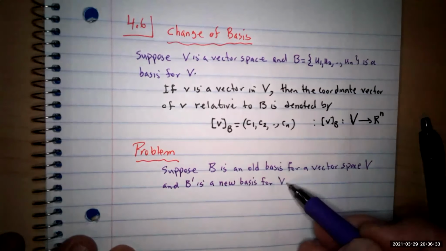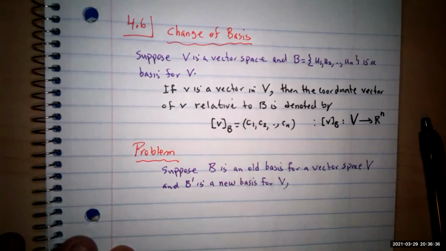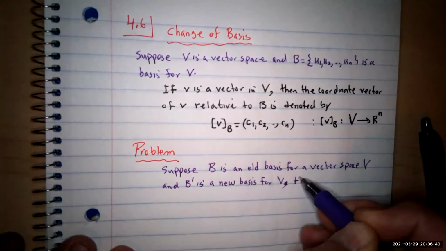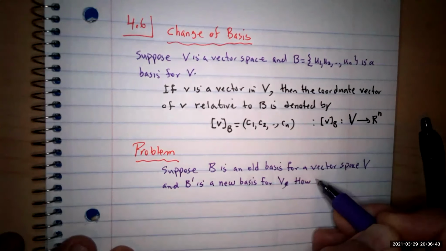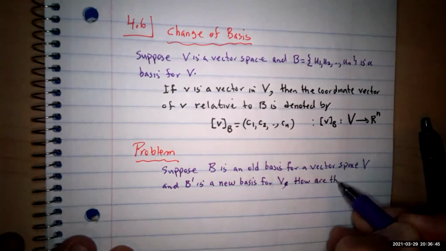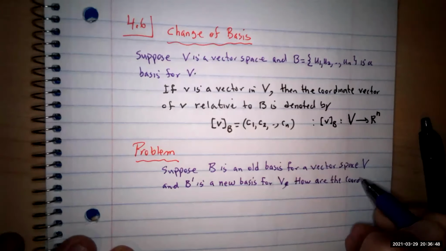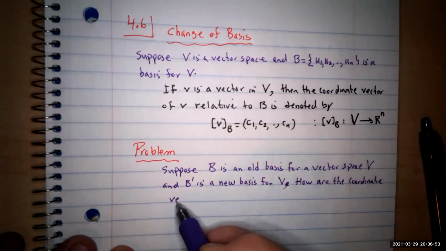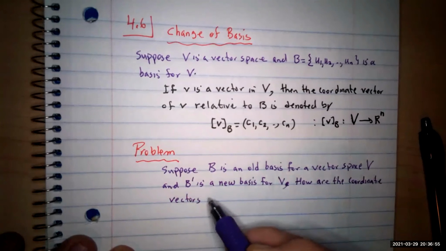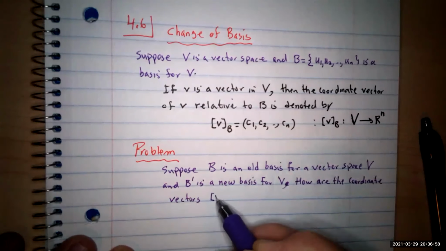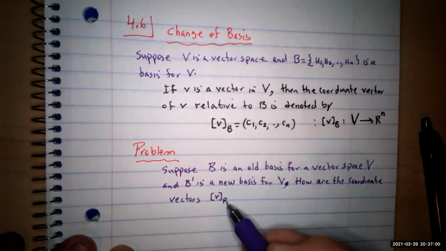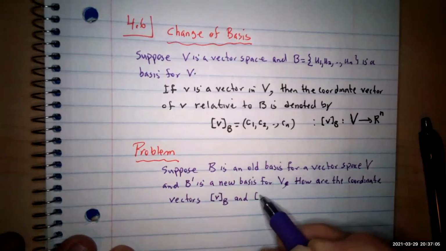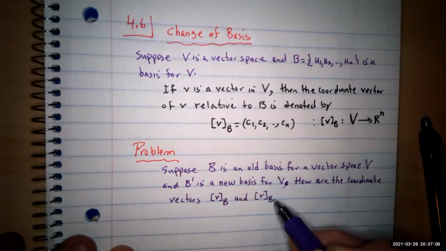The question is how these scalars are related to each other, how these coordinates. So the question is going to be, how are the coordinate vectors, this is a coordinate vector with respect to the old one, and this is a coordinate vector with respect to the new one, B prime?